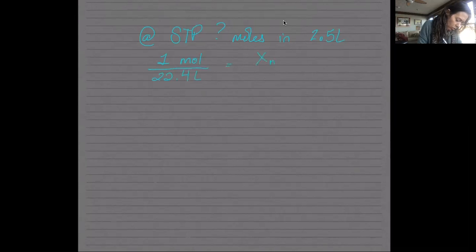So how many moles would be equivalent to 2.5 liters? So we would see 2.5 divided by 22.4, and we would have 0.11 moles of gas at STP in 2.5 liters, okay?